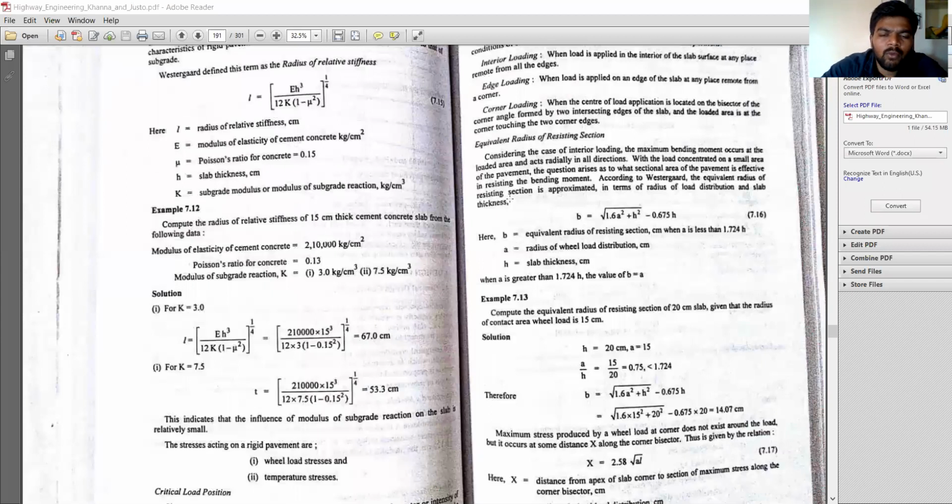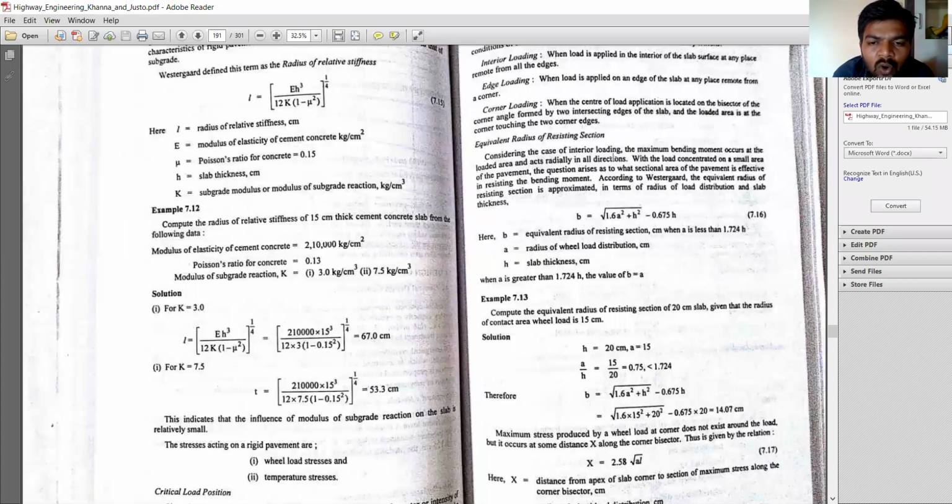Next, moving to equivalent radius of resisting section. As we have discussed earlier, the radius of relative stiffness and the modulus of subgrade reaction. Along with these two terms, there is one more term, that is equivalent radius of resisting section. Considering the case of interior loading, the maximum bending moment occurs at the loaded area and acts radially in all directions.